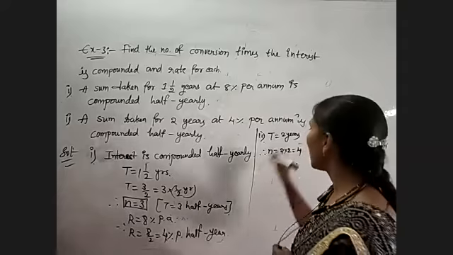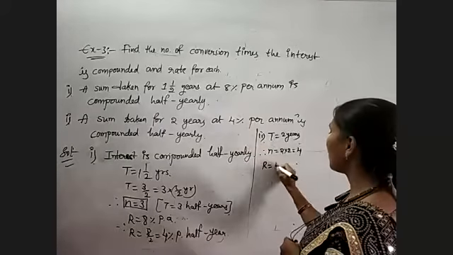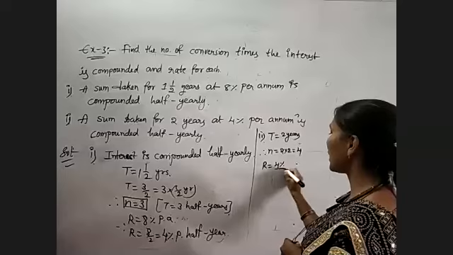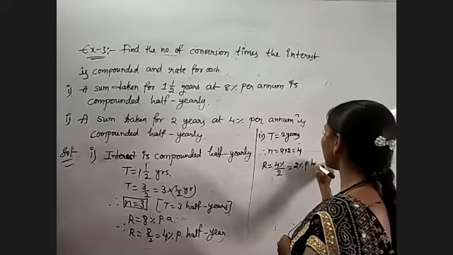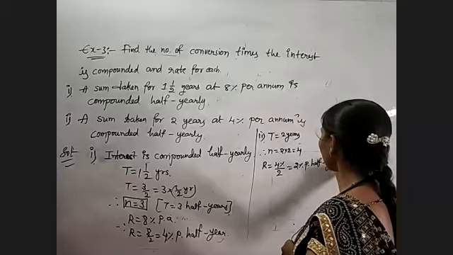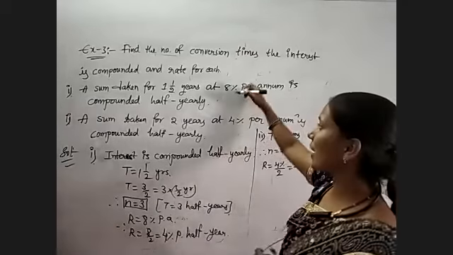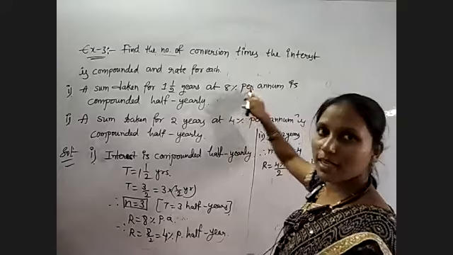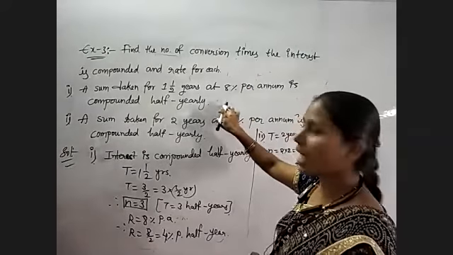And r will be equal to 4/2, since 4% per annum is given, divided by 2, which is equal to 2% per half year. I hope you understood now how to find the number of conversion periods and the rate of interest when the interest is compounded half yearly.